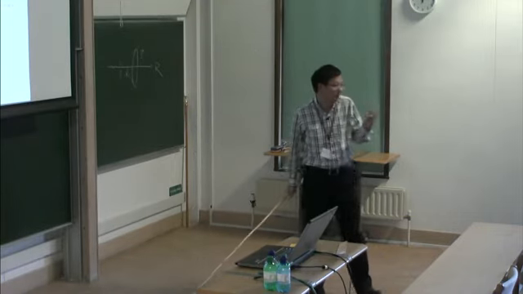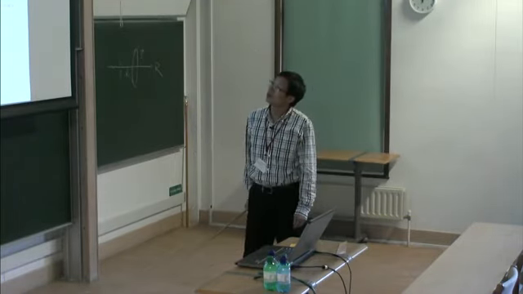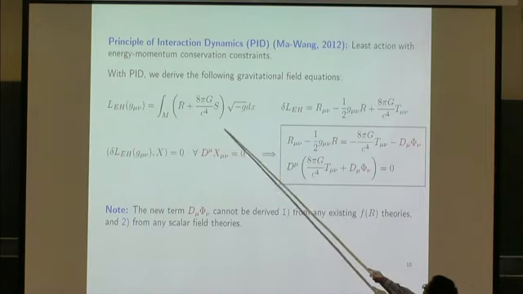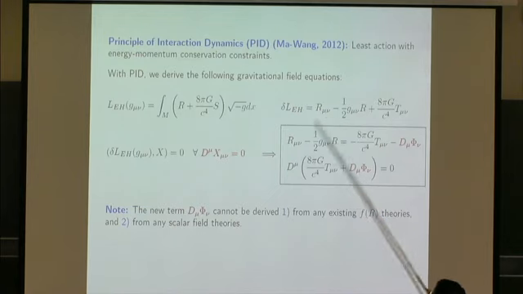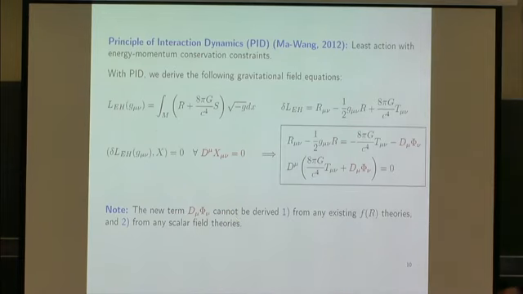This is what was really written down by Hilbert. So if you look at the Euler-Lagrange equation of this, you take it and you get this thing here. So you do variation with respect to the metric g_ij. And then you set this Lagrangian equal to 0, and you derive the Einstein equation. That's the classical way, very simple.